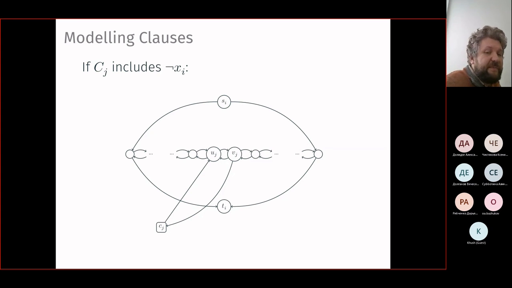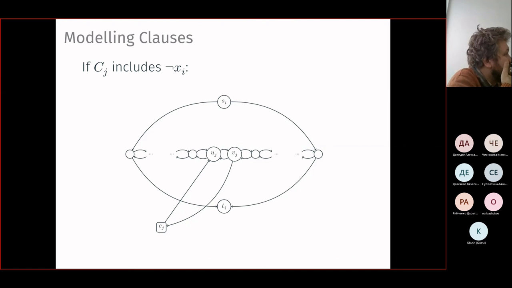This could be also a problematic situation when you go to Cj from one gadget and return to another gadget. But it's easy to see that then you will ruin the Hamiltonian path. You see what happens, right? Because this Cj could be connected to several gadgets.